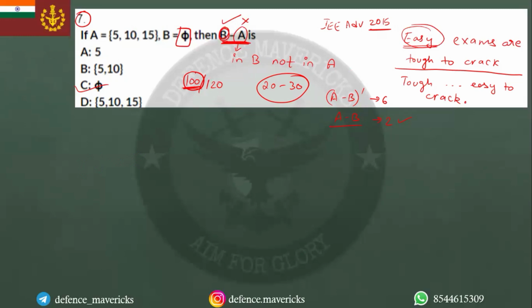Getting my point? So the punishment of not solving a question is very high in an easy exam, but in a tough exam it's the reverse. The punishment of not solving a question is not that high, because anyway very few people are solving it, but the reward of solving a question is very high. Okay, so that is a good thing about the tough exam.